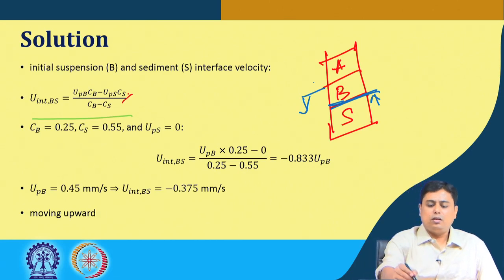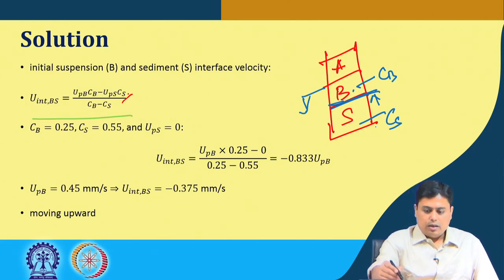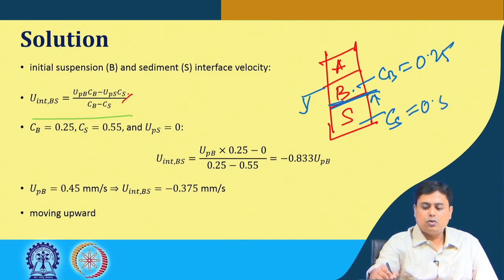So which means UPB multiplied by the concentration here, and this is the concentration CS in this zone. The CB is known to us, CS is also known to us.